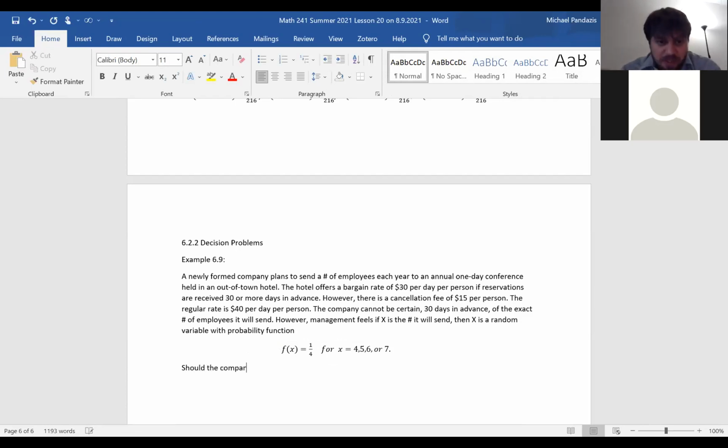Should the company make advance reservations? If so, how many? Give the answer that will minimize costs in the long run.